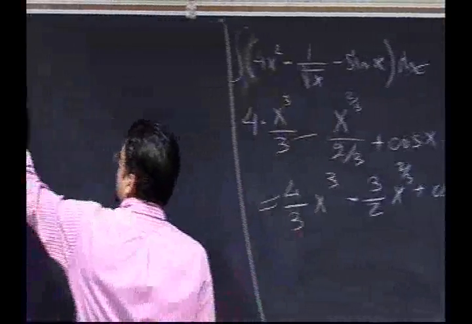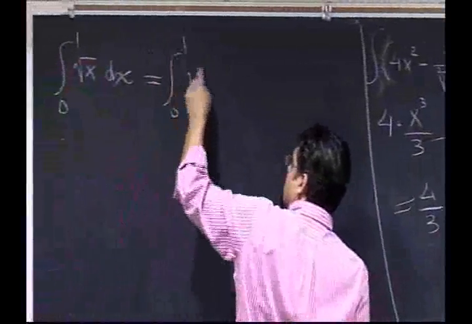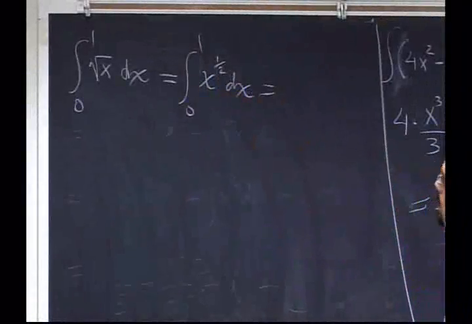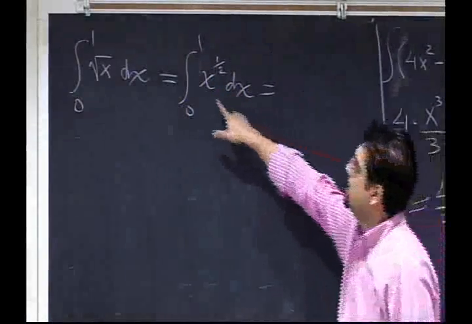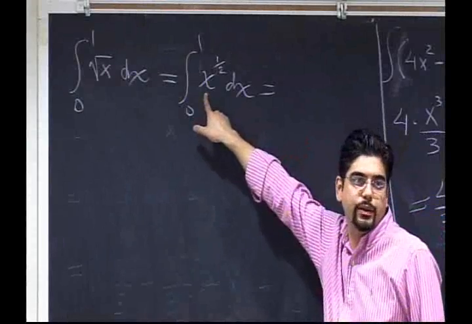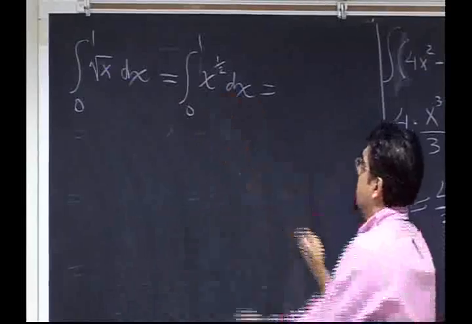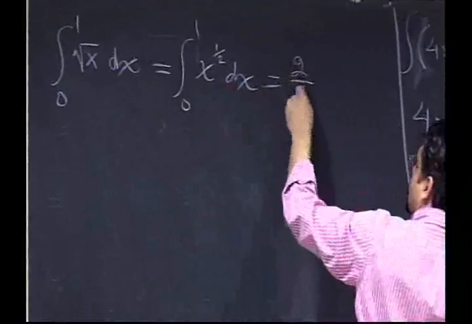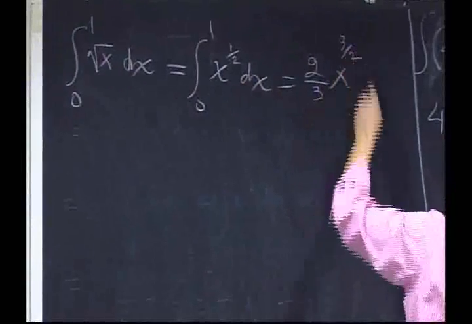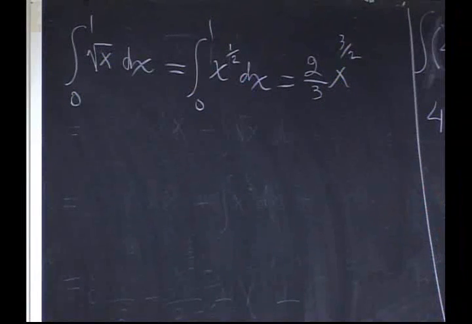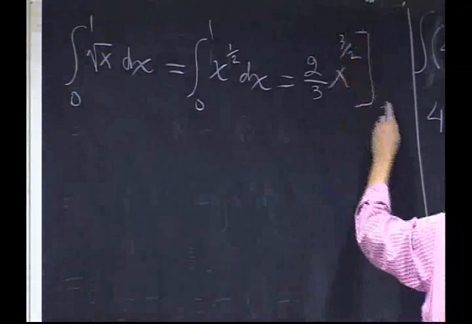So it's easy if I write this as a power. And the fundamental theorem says I just need to get one of the antiderivatives. I don't need to get all of them. Just one of them. So that would be 2/3 x to the 3/2. Right? And I don't have to put plus c because I could pick the simplest one. And I'd have to evaluate this from 0 to 1.